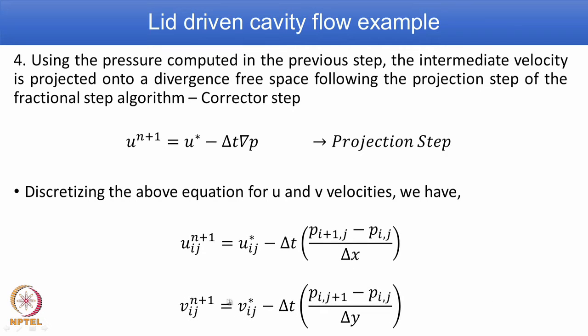Similarly for v, v at i comma j n plus 1, that is the new value, equals v i comma j star, that is the intermediate velocity at the same i comma j location, minus delta t into p i comma j plus 1 minus p i comma j by delta y.